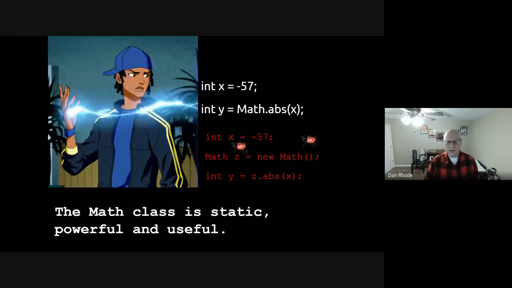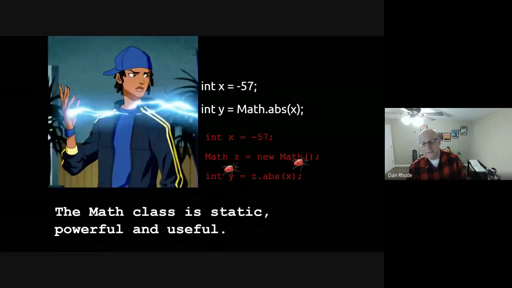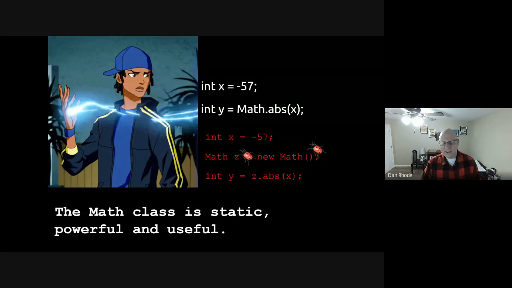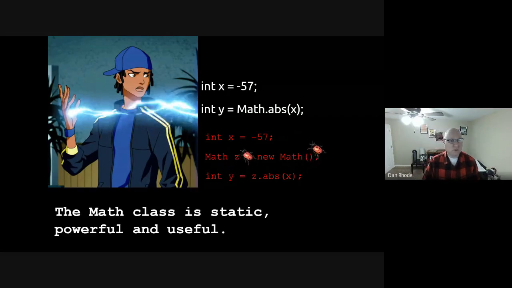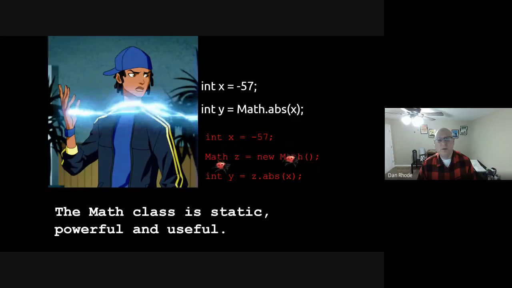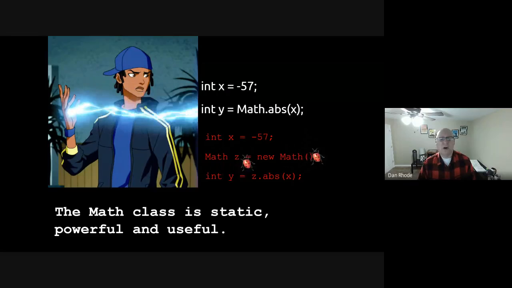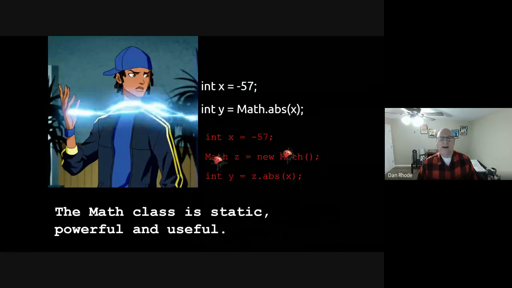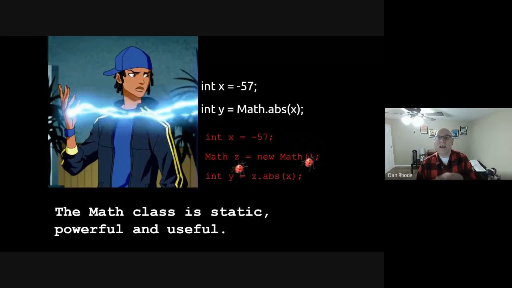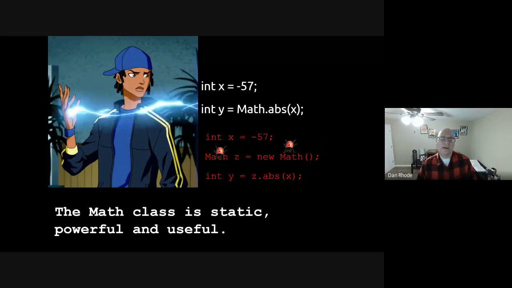What I mean by you don't have to create an instance of the math class just means that normally, like when we did string operators, for example, we would create a new string called name, and we'd load it with your name. And then we go name.length, and it would return the length of name.